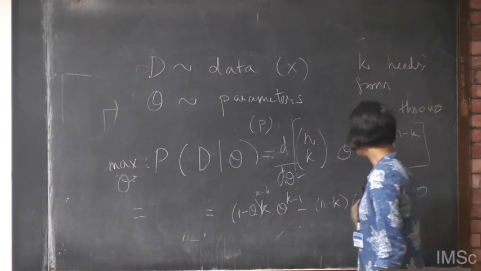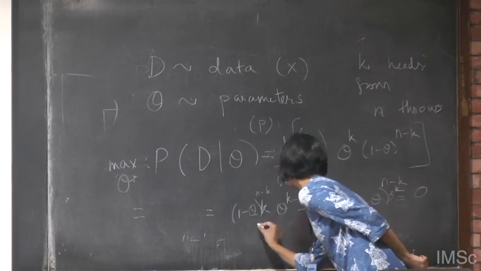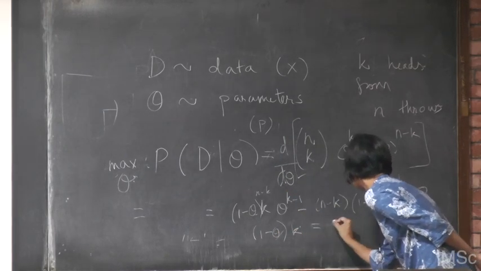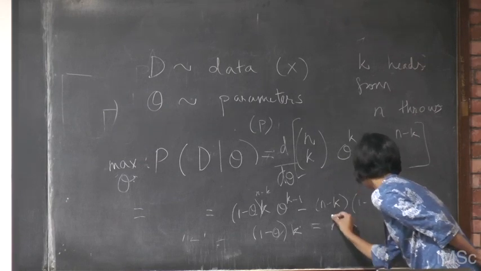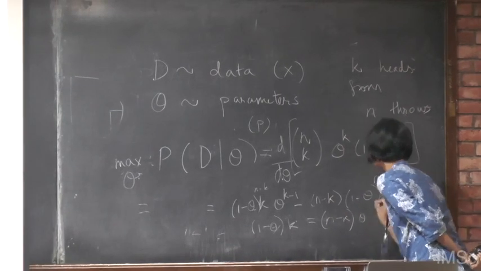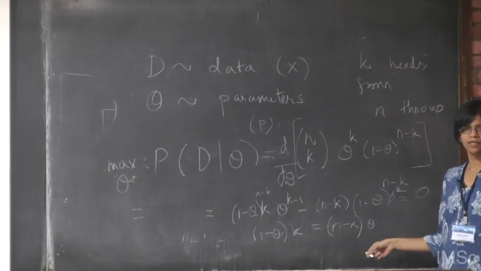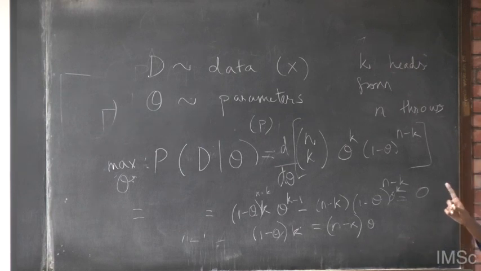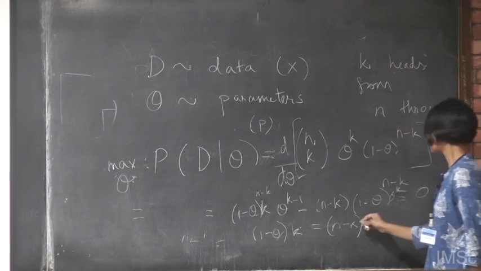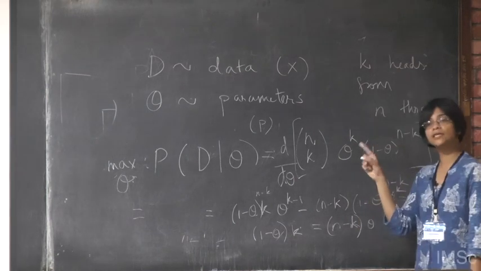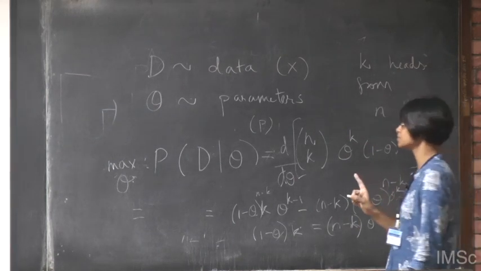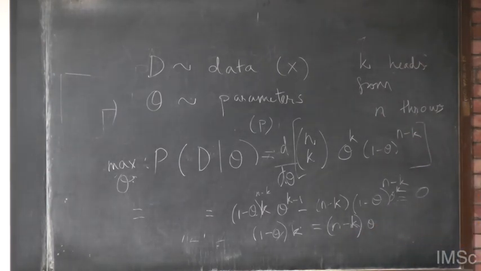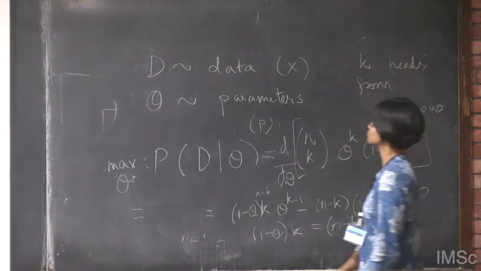So many things cancel out, right? This is correct? I can cancel out as long as theta is not 1 or 0. We will check those cases later, we should in principle. What is theta? K by n. Yes, good.